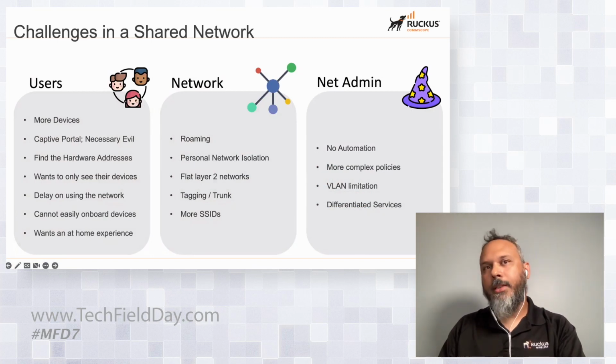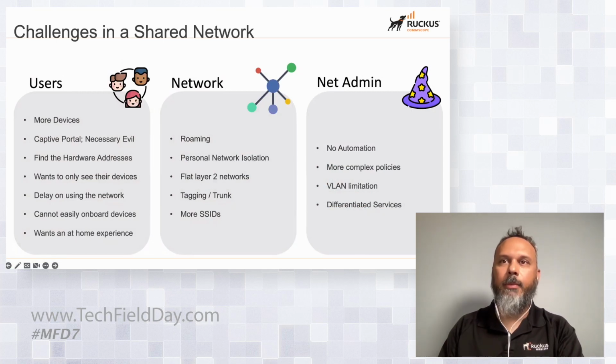From a network perspective, how can we facilitate roaming or provide personal network isolation, avoid full client isolation, handle network configurations of VLANs and layer 3 interfaces, or avoid things like SSID explosion, where every room ended up getting a different SSID?